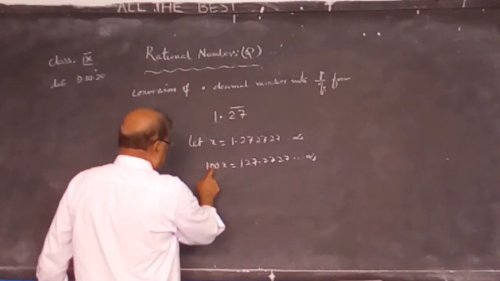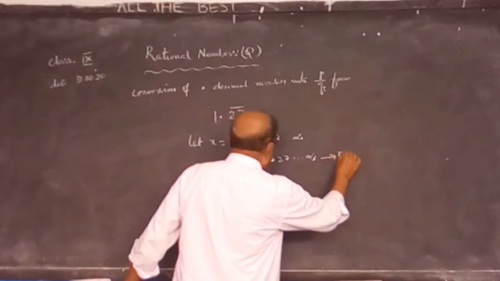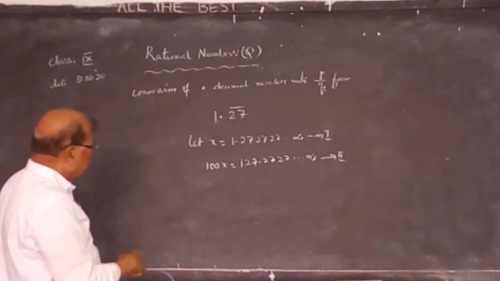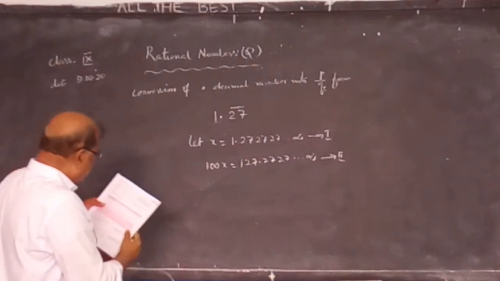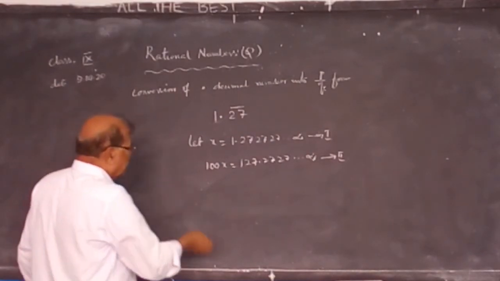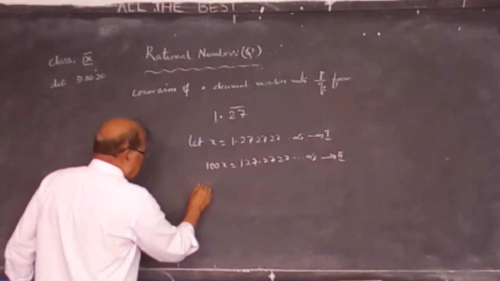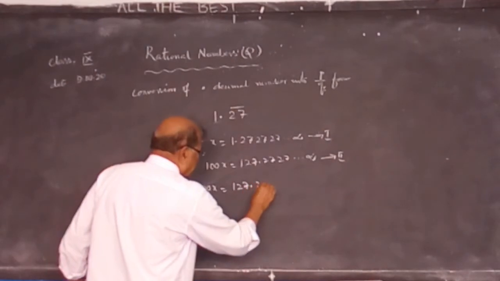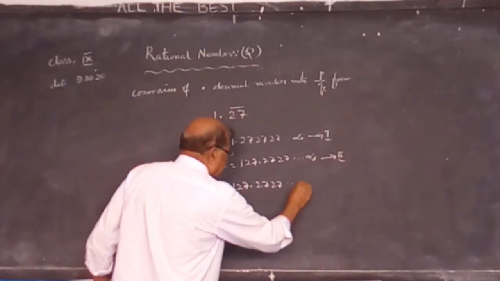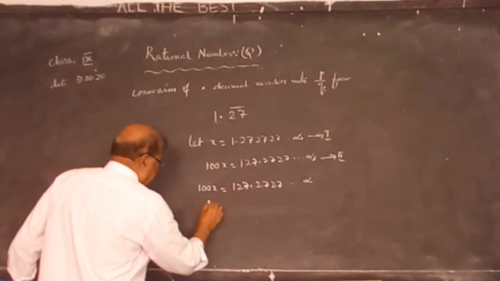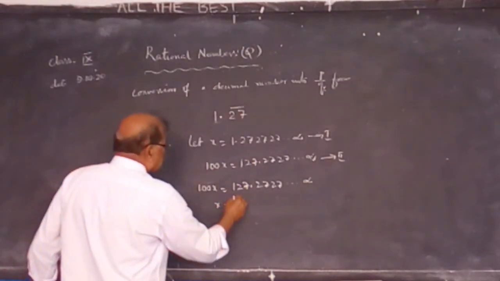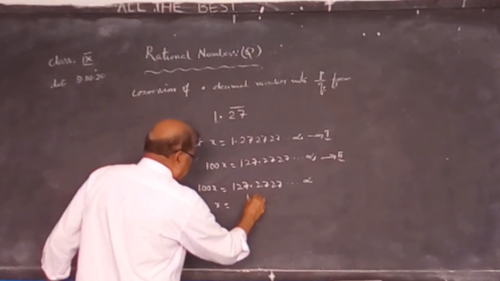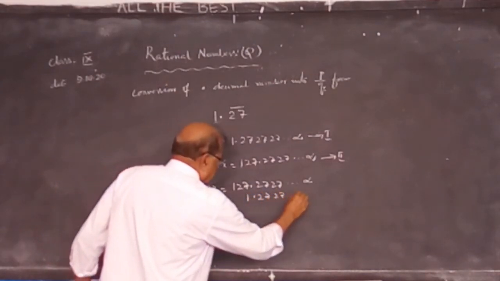Now subtract. 100x is equal to 127.2727 up to infinity, and the other one is x is equal to 1.2727 like this.